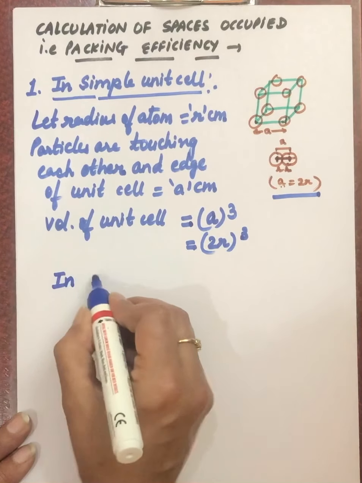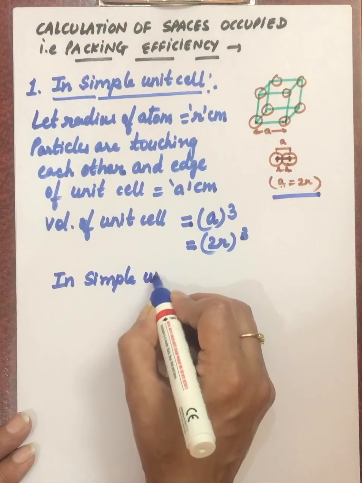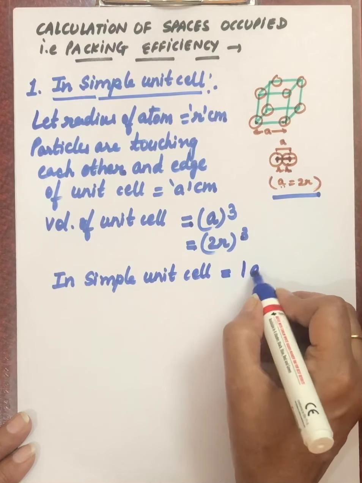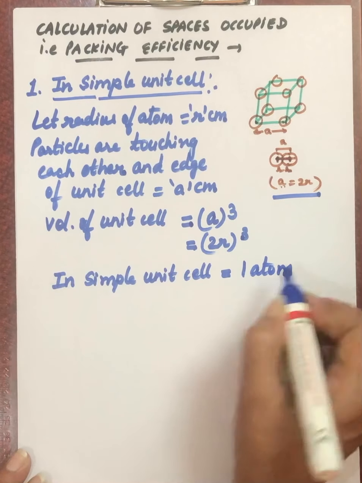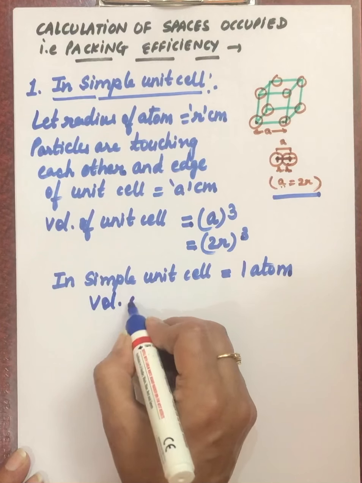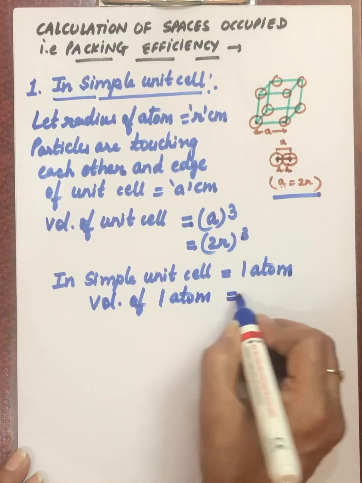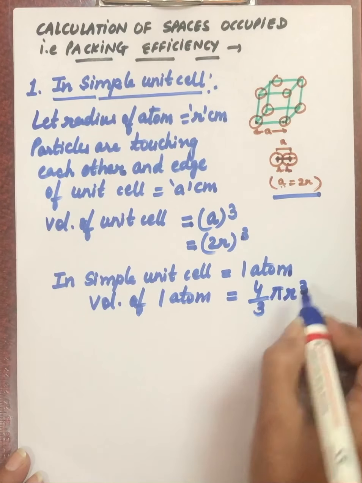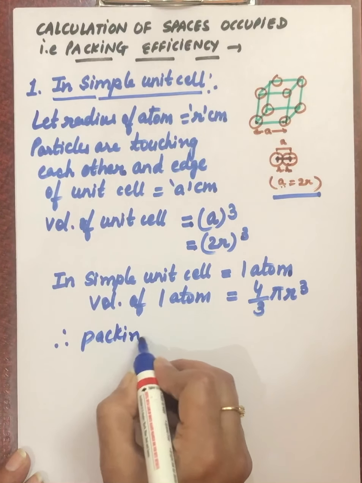In simple unit cell, we have calculated how many particles there are: by calculating the contribution, we get one atom or one particle in a simple unit cell. And we have supposed that these particles are like spheres, so the volume of one atom is 4 by 3 pi r cube. Therefore, what is the packing percentage here?